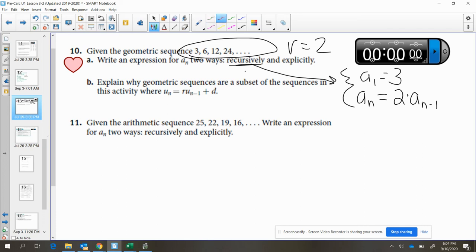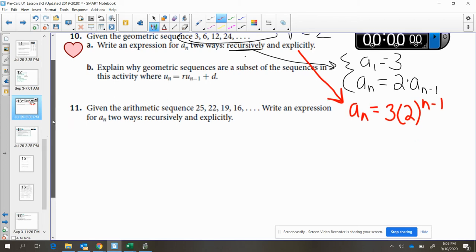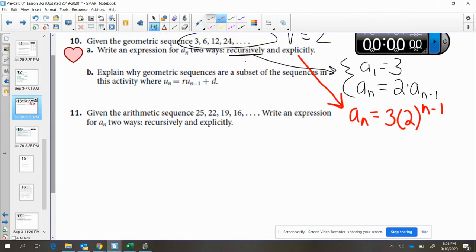Okay. Now, explicitly, though, this goes back to using the formulas we talked about before, where the explicit formula then is going to take the first term times your common ratio to the n minus 1 power. There's your explicit formula. Okay. And finally, to show an arithmetic one, same idea both ways, recursively and explicitly. Well, again, recursively involves writing down your first term.